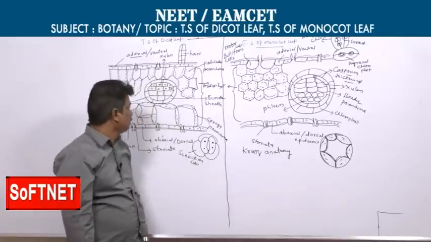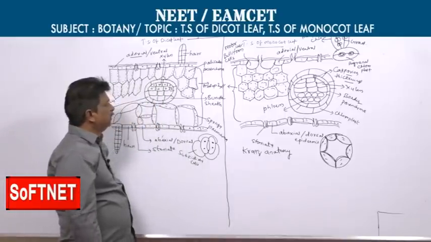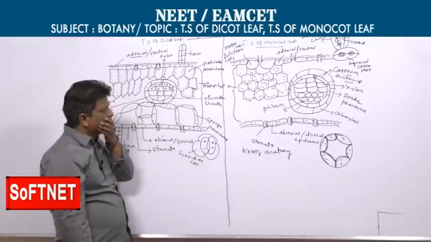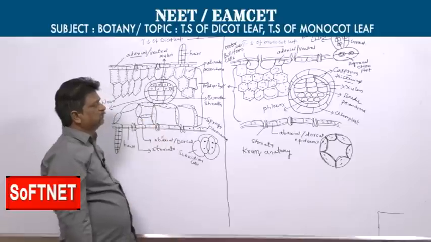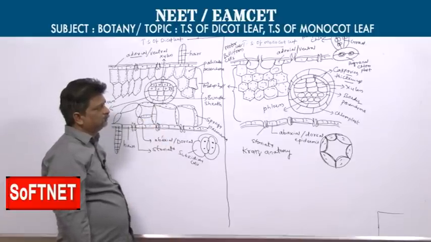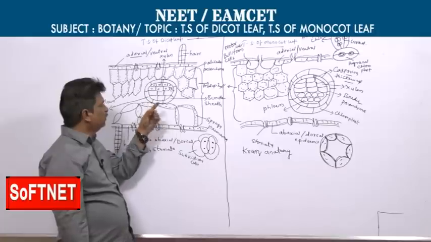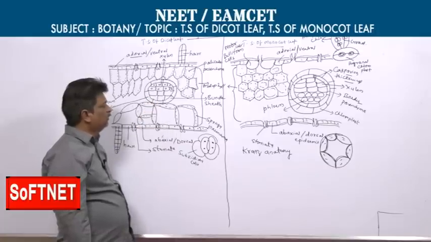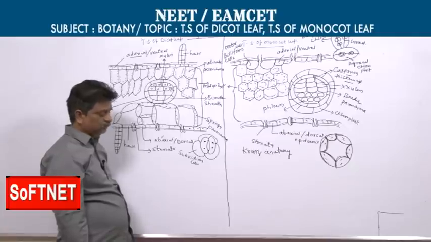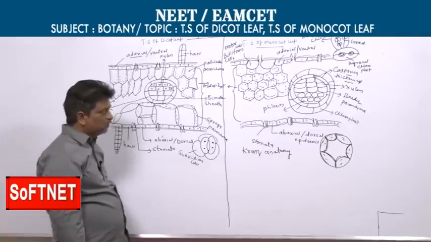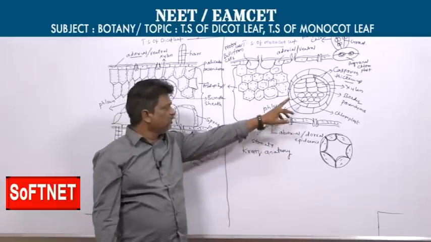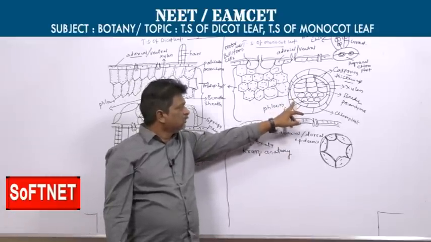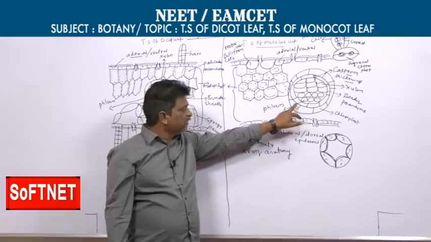Then in a grass leaf, generally 2 rows of bundle sheath are present, but in a dicot leaf, only 1 row of bundle sheath is present. In most monocots, chloroplasts are shown even in the bundle sheath.